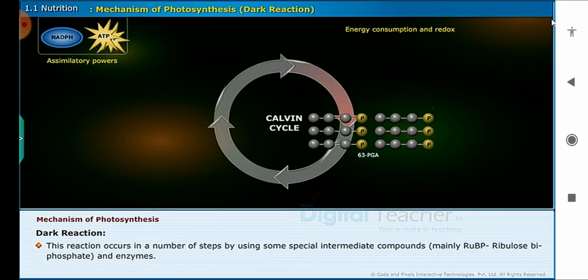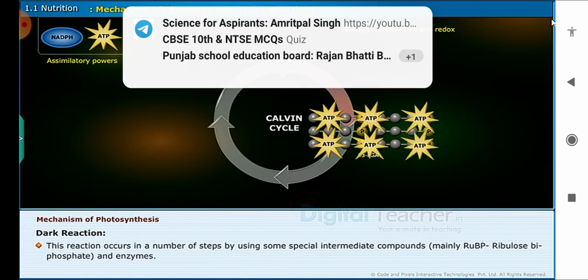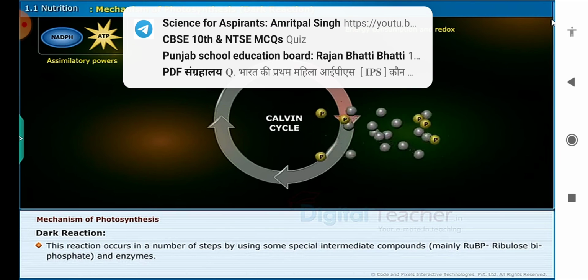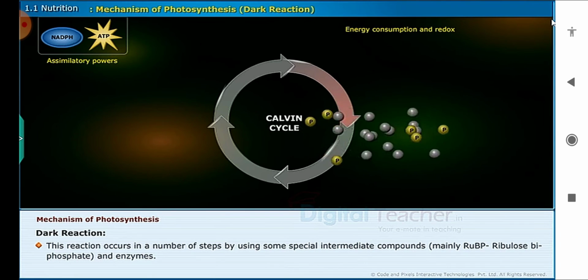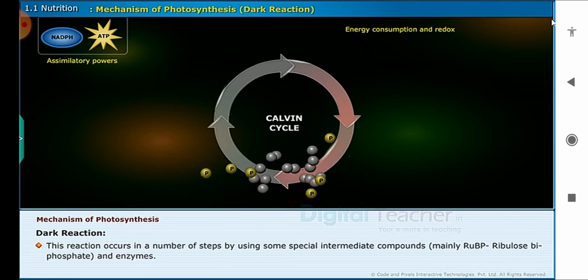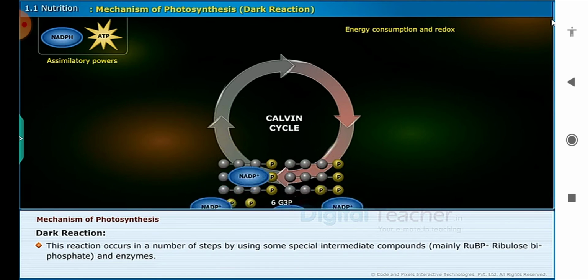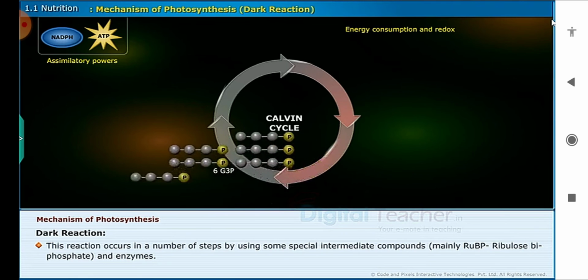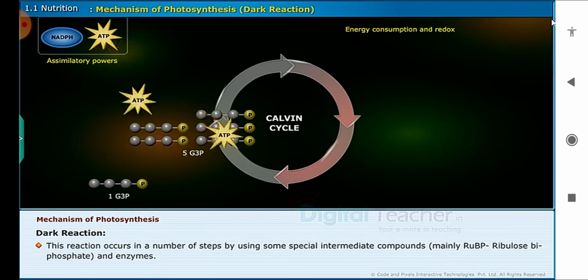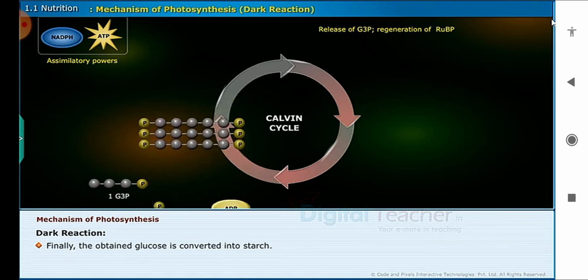This reaction occurs in a number of steps by using some special intermediate compounds, mainly RuBP, ribulose bisphosphate, and enzymes. Finally, the obtained glucose is converted into starch.